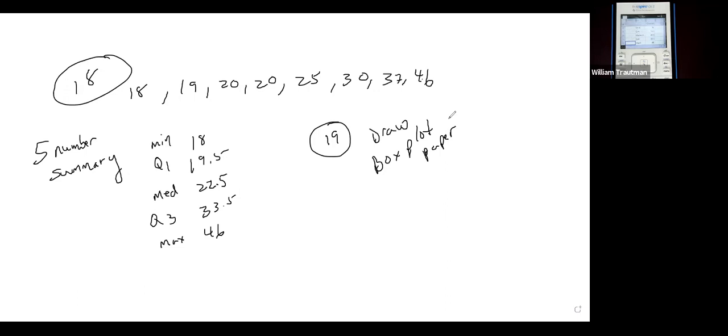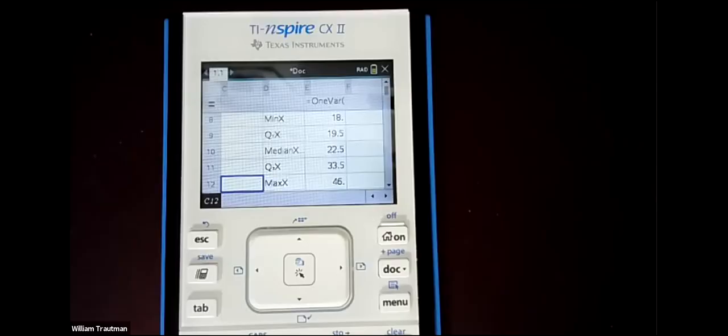So I want you to draw the box plot on a piece of paper and submit that. So let's do it on our calculator first.